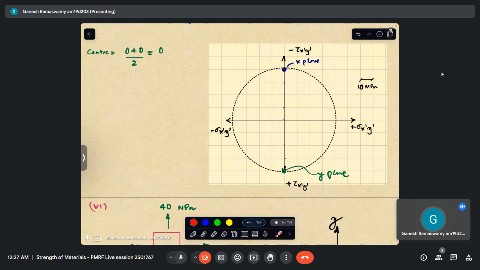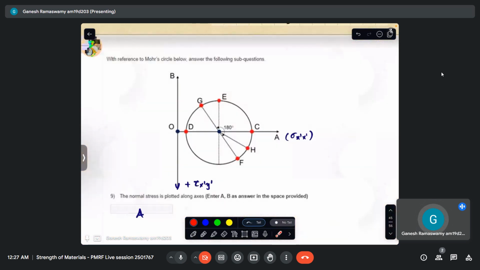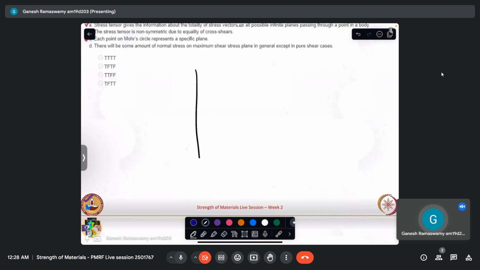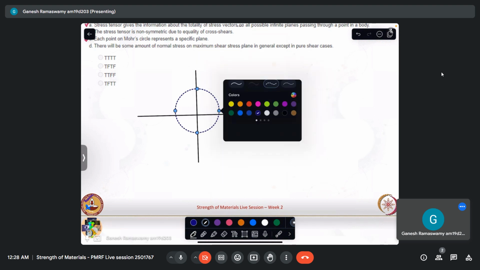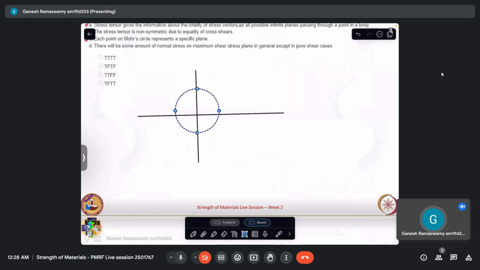Except for this, we saw that everywhere, in all the cases we saw, except for this pure shear case, our Mohr circle is either to the left or to the right, which implies as soon as it is to the left or to the right, wherever we have the maximum shear stress plane, there will be some non-zero normal stress acting on that.